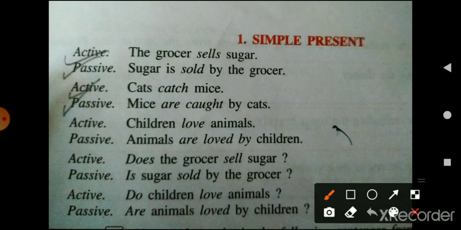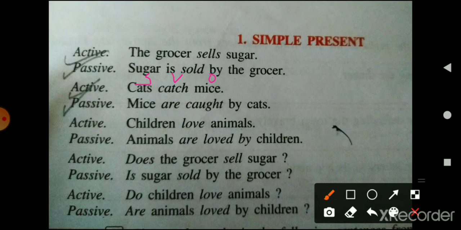So the subject is the cat, catches is the verb and mice is the object. What is the action being performed here? That is catching the mouse. And who is catching it? The one by whom this action is being performed is the subject, and the subject here is cat.